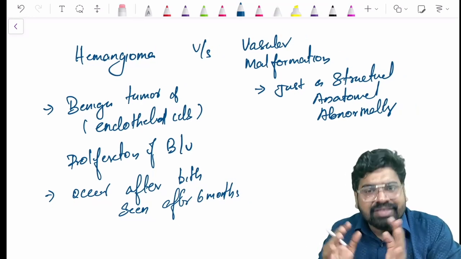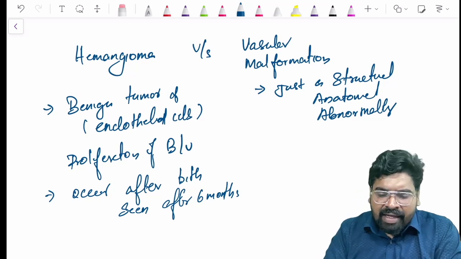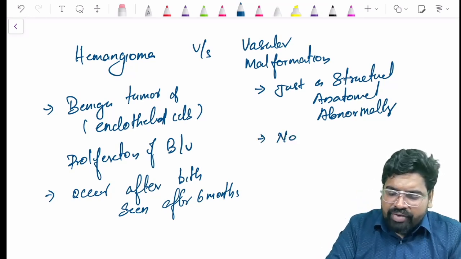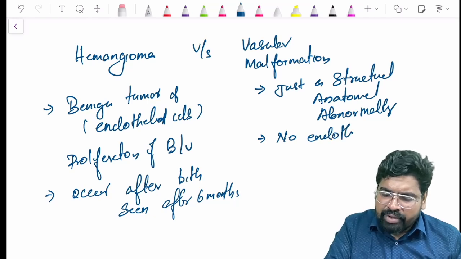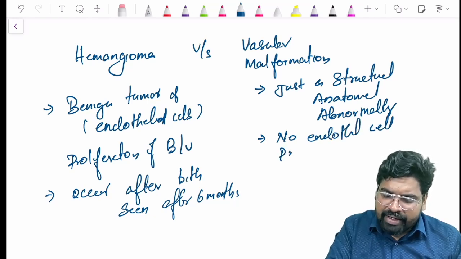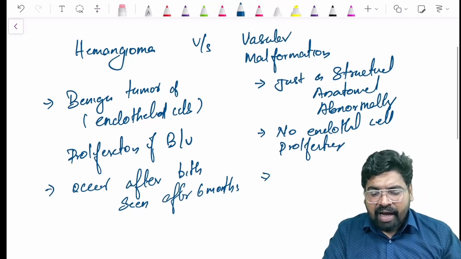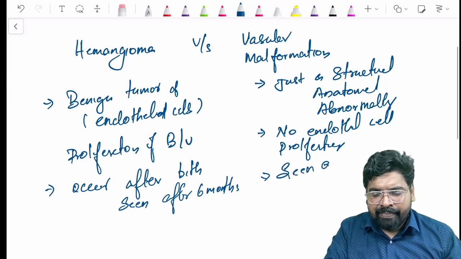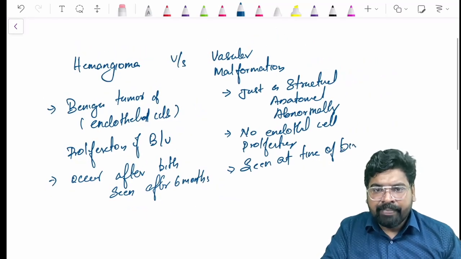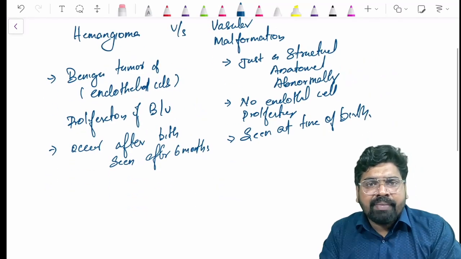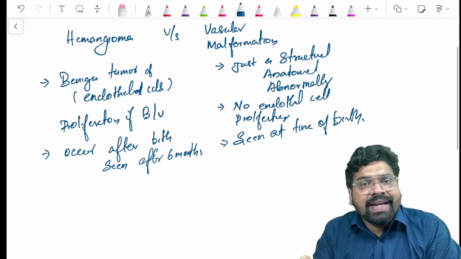Vascular malformation is just a structural abnormality, and no endothelial cell is proliferating here. And this is seen at the time of birth. You can see vascular malformation as soon as the child is born.